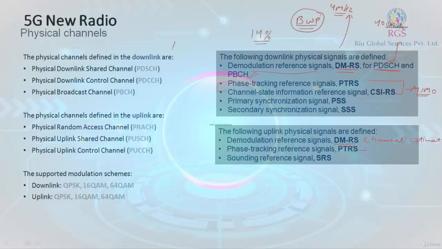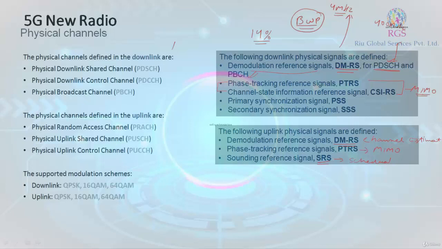The phase tracking reference signal is used for MIMO, and SRS is used by the scheduler in order to perform better scheduling. SRS measures part of the spectrum in a way that guides the base station to allocate the user in an area where he is experiencing better channel quality. So this is what it means.